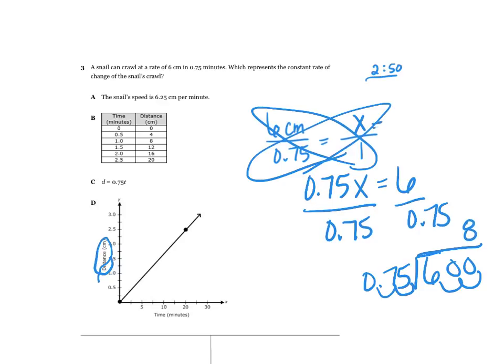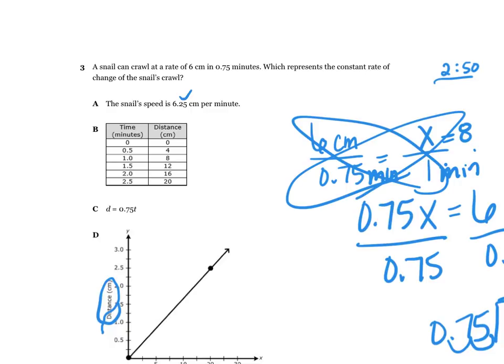So this should be 8. So at 1 minute, I should be at 8 centimeters. So I need to look for something that matches that. Okay? Well, this says 6.25. That's not even close to what we have, is it? And that's not even 6 at 0.75. So no. Okay? At 1, we are at 8.